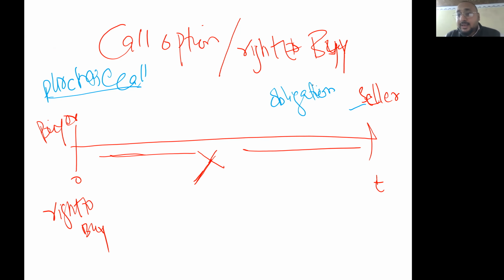But can the seller say, you must buy from me? The answer is no, because the buyer has the right to buy or not. It's a choice, an option. So in this case, who is at a disadvantage?